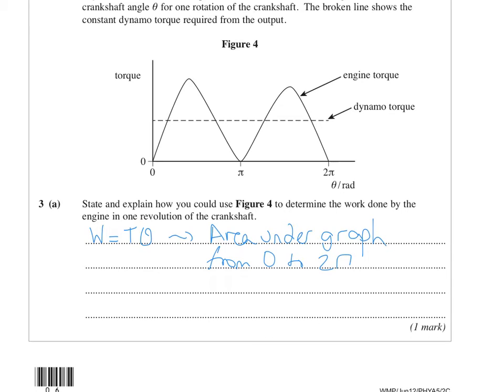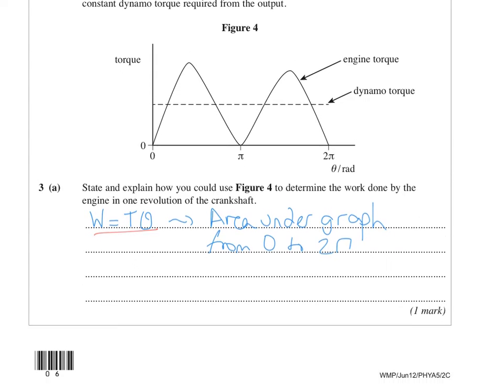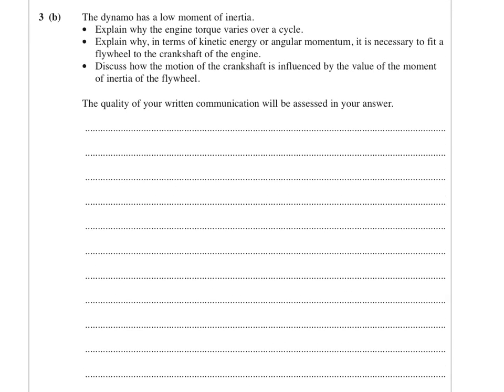So it's gone through, well, it looks like 2 cycles there, but it's gone to 1 full revolution by 2 pi. And the reason for that is this equation here, so how you get work, and that's by multiplying the values on the axes.